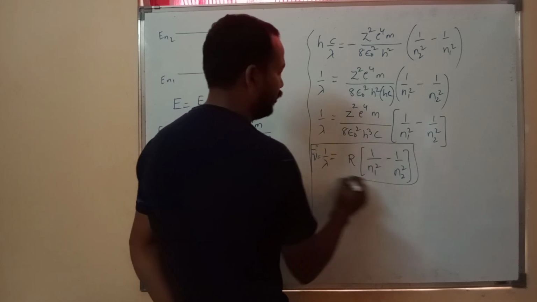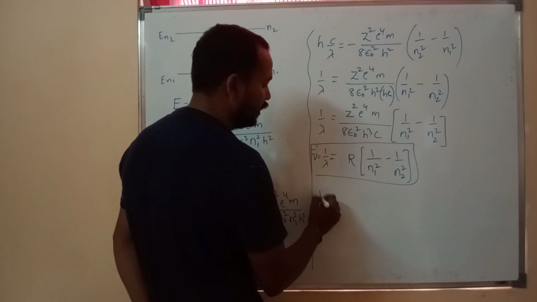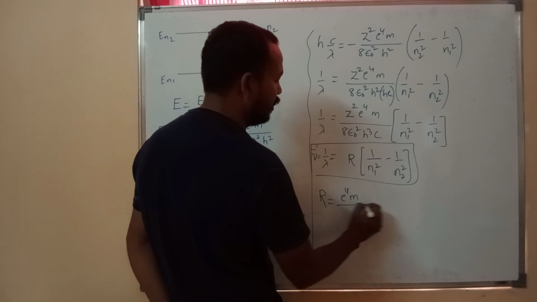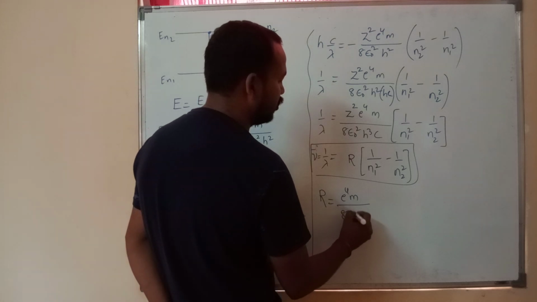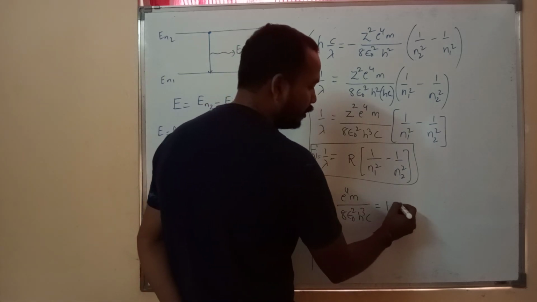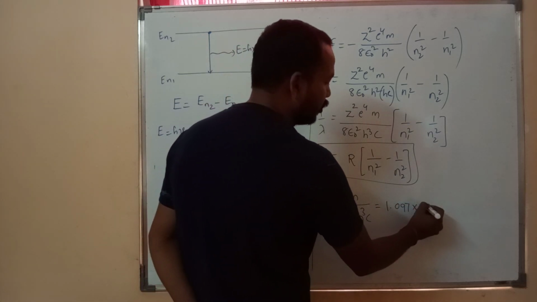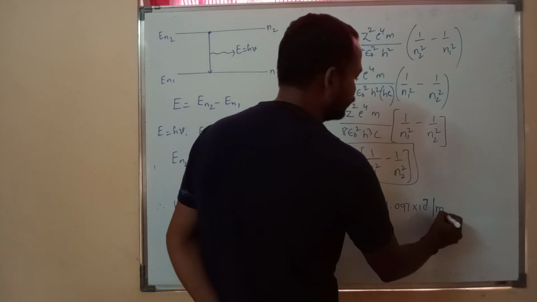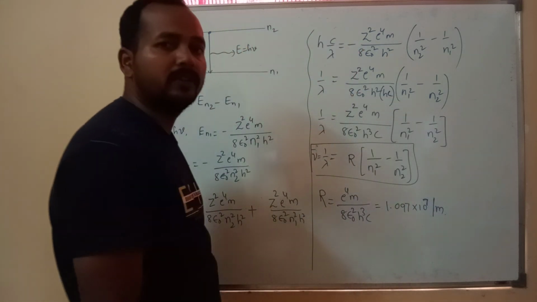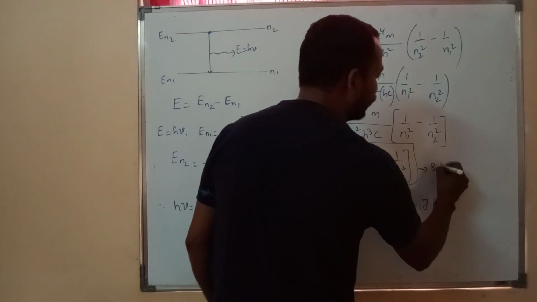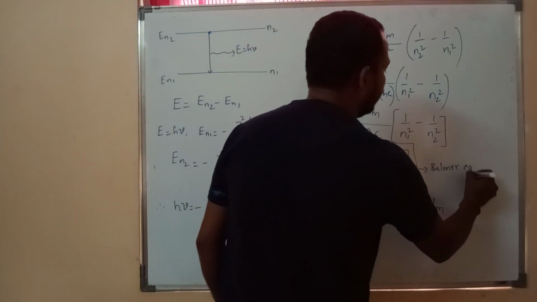So this is wave number, where R is called the Rydberg constant. That R is e raised to 4 m upon 8 epsilon naught square h cube into c, which is equal to 1.097 into 10 to the power of plus 7 per meter. Correct? So this is called the Rydberg constant, and this equation we can also call the Balmer equation or Balmer formula.